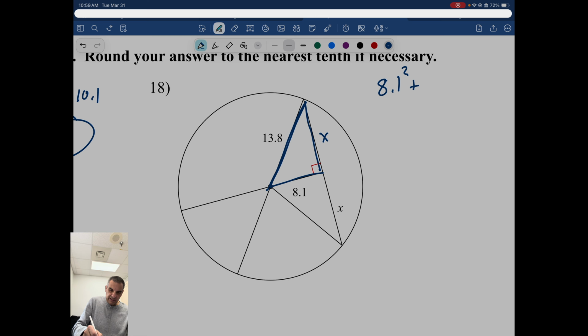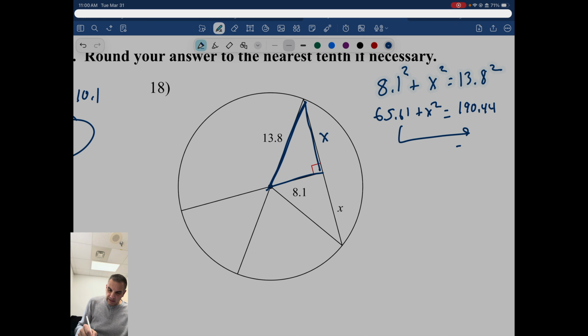8.1 squared, that's leg squared. My other leg is x, so x squared equals 13.8 squared. 8.1 squared is 65.61 plus x squared equals 13.8 squared, 190.44.